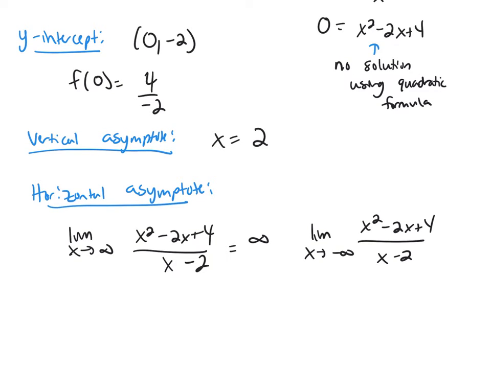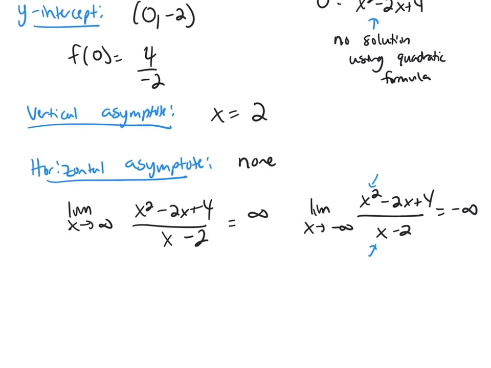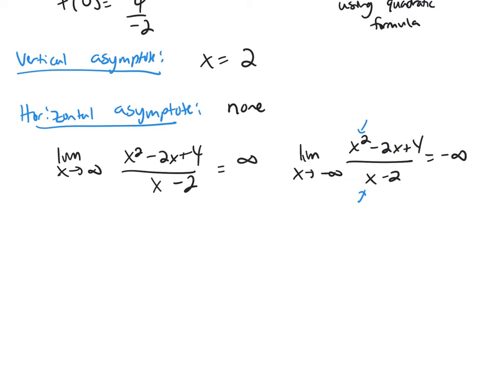Your degree in the top is larger, and here x squared, look at your largest term, that'll be positive, but x will be negative. Positive over negative, it'll be negative infinity. So here there are no horizontal asymptotes.